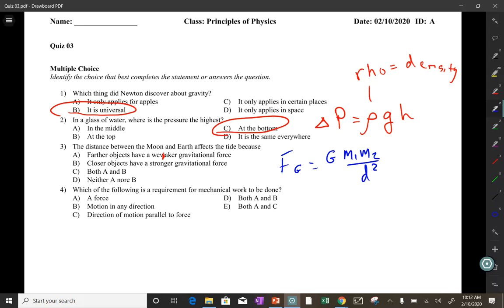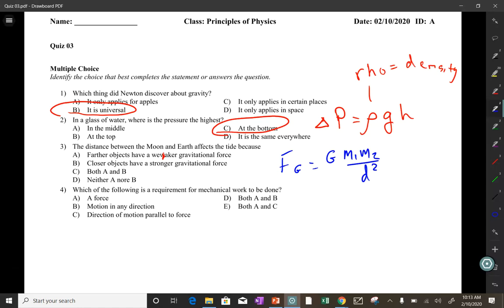M1 and M2, what are those? What does M usually stand for? The mass. So those are masses of two objects. And then what is D? The distance, the separation between the centers. So if two things are closer, you're dividing by a smaller number. And when you divide by a smaller number, the answer gets bigger.